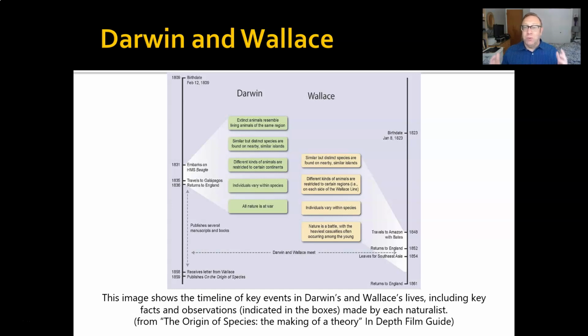And what we'll do is arrange a joint reading at the Royal Society. Wallace couldn't make it because he was in Indonesia at the time. So Darwin agreed to read Wallace's paper after he read his own summary of his book.